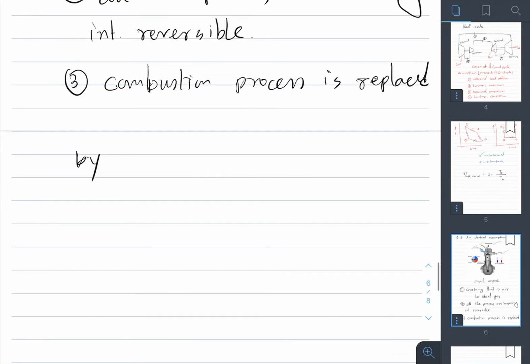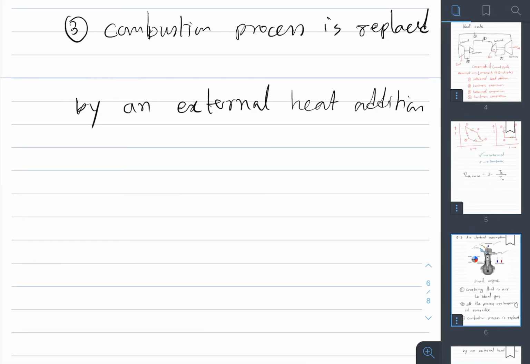So the combustion process is replaced by an external heat addition process.